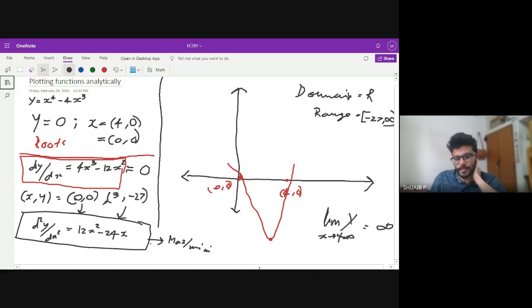Positive, which implies this will be increasing when x is increasing. Similarly, we can consider minus infinity.